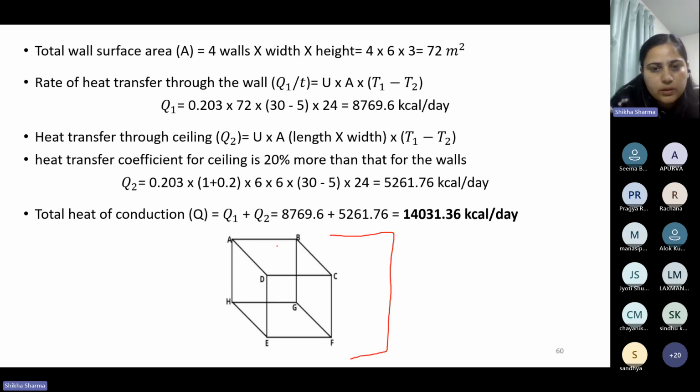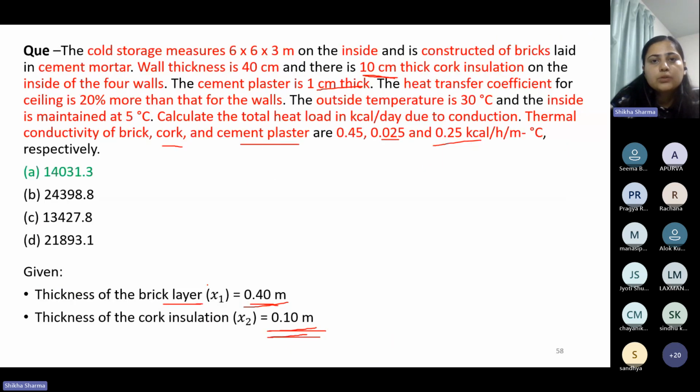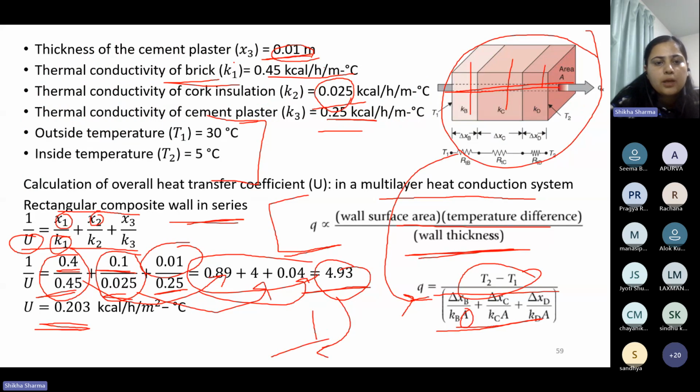It is given dimension 6 into 6 into 3. So this is the dimension, 6 into 6 into 3 meters, right?